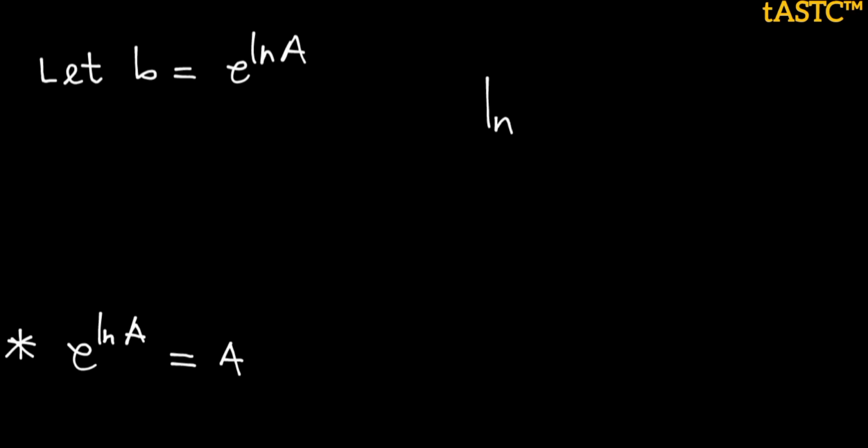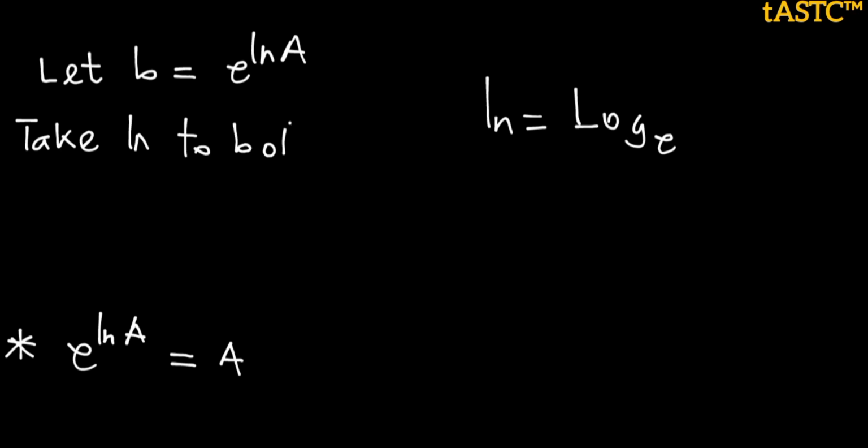Now ln, you need to know that is actually a natural logarithm, so that will be log to the base e. That is the meaning of ln. So what I'm going to do here is take ln to the base e to both sides, or naturally, just take ln to both sides. If you took log to the base e, that will be the same thing as taking ln to both sides. So this is what I'm going to do. You need to take ln to both sides.